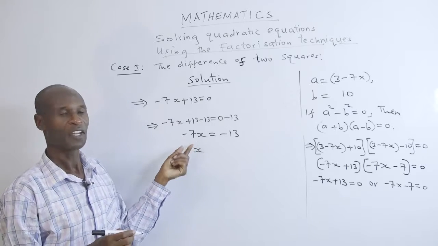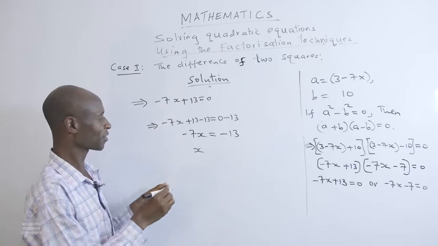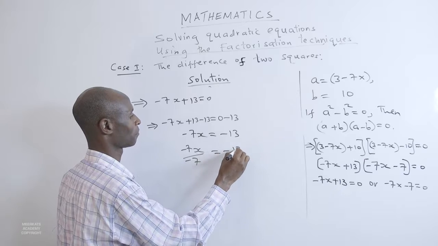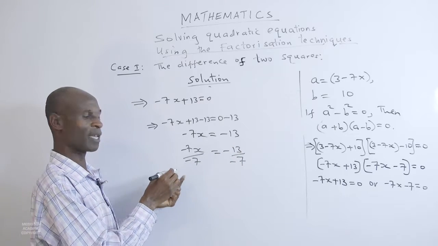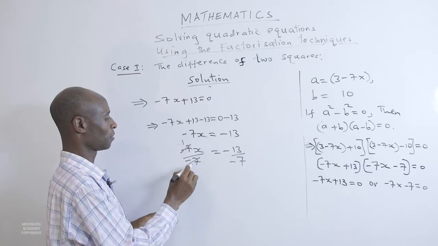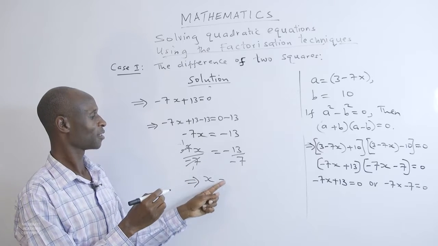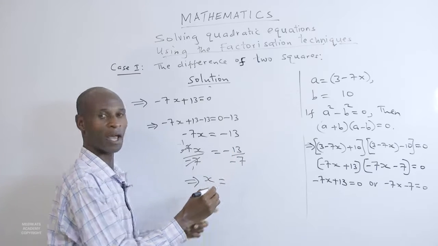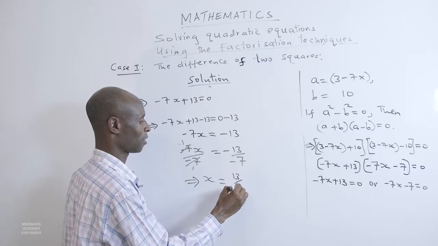So at this point, divide both sides by minus 7 to remain with x. So minus 7 and minus 7 cancels. We remain with x. Then minus minus cancels, becomes positive, and therefore we have 13 over 7 as our value.